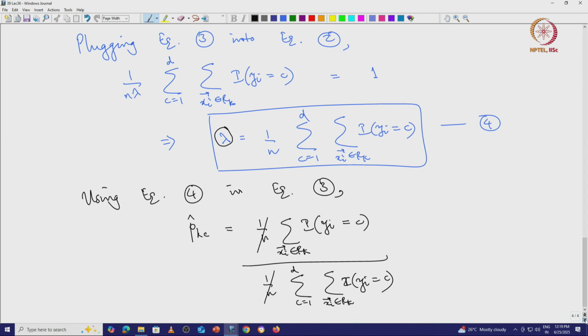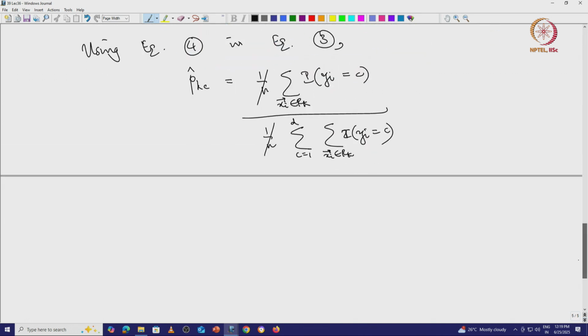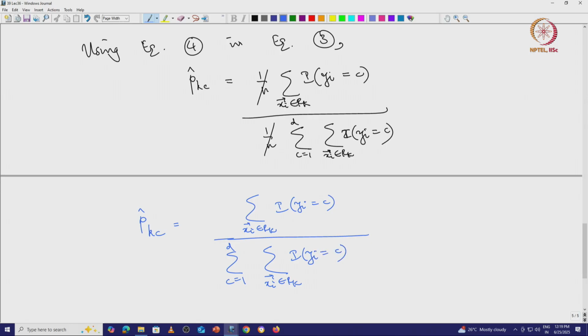So, we get a very nice expression here, and the expression is that p hat kc is the sum over xi belongs to Rk of the indicator yi equals C, divided by the sum over C going from 1 to d, sum over xi belongs to Rk of the indicator yi equals C. Okay. Now let us try to interpret what these terms mean.